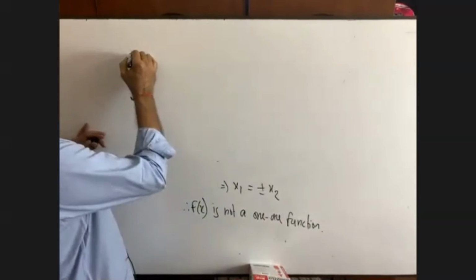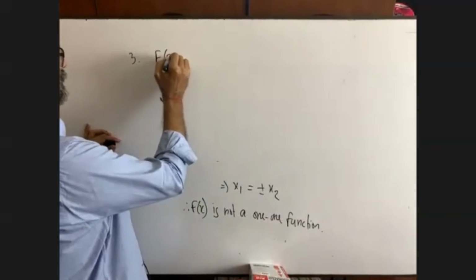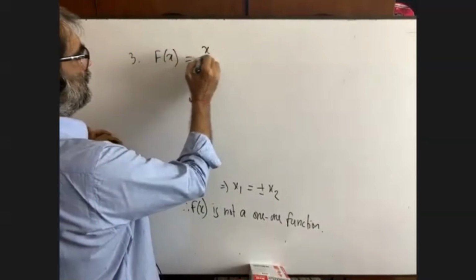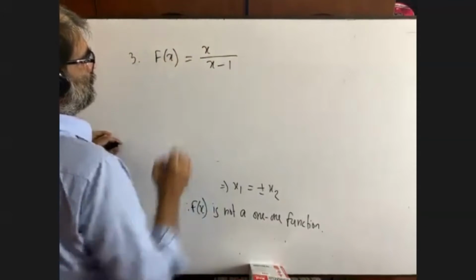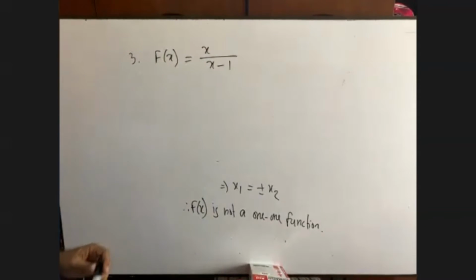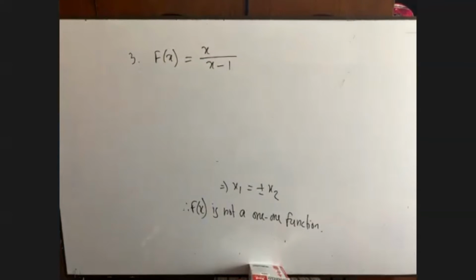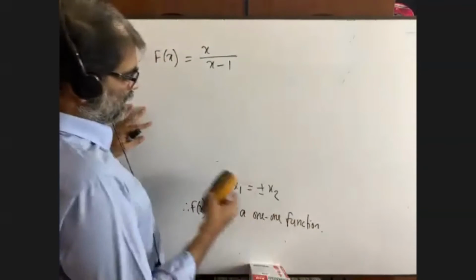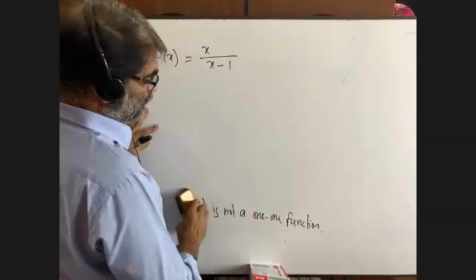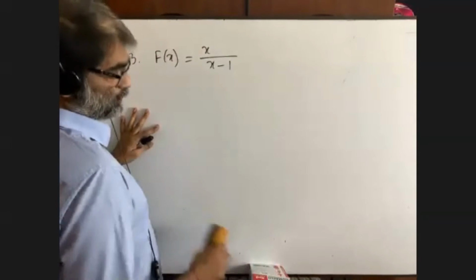Number 3, suppose f(x) is equal to x by x minus 1. You have to determine whether this function is one-one or not. At first, what did I tell you? Before determining one-one, you have to find out the domain of the function.